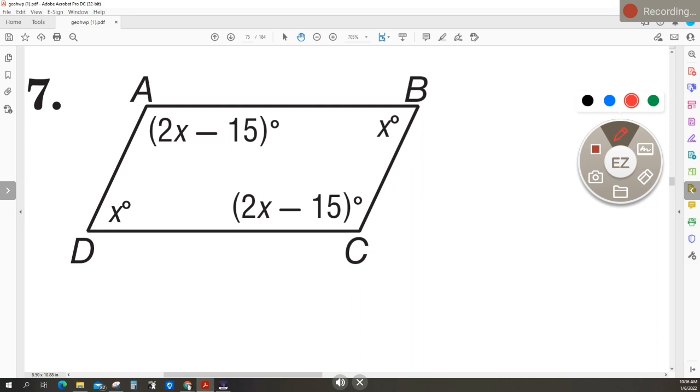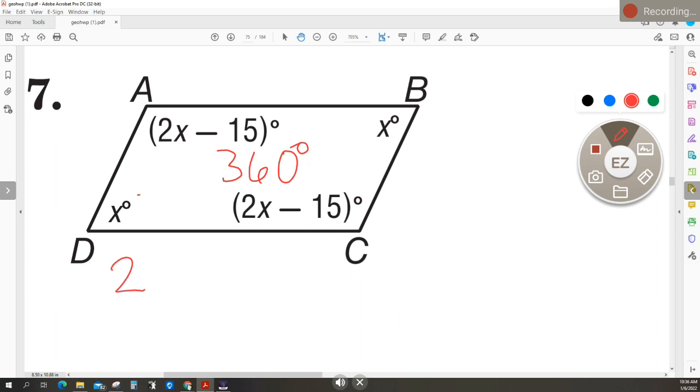So if we add up this angle plus this angle plus this angle plus this angle, it has to equal 360 degrees, right? Now, since these two are the same, we don't have to write down 2x minus 15 plus 2x minus 15. We can just do 2 times 2x minus 15. Y'all see what I'm saying?